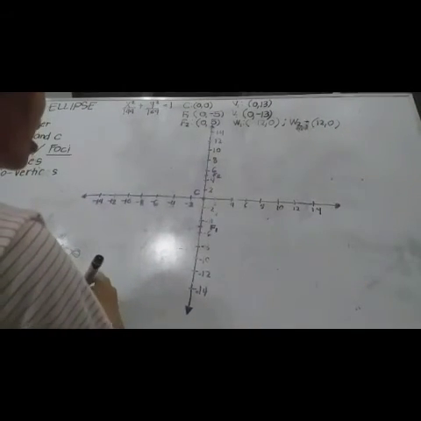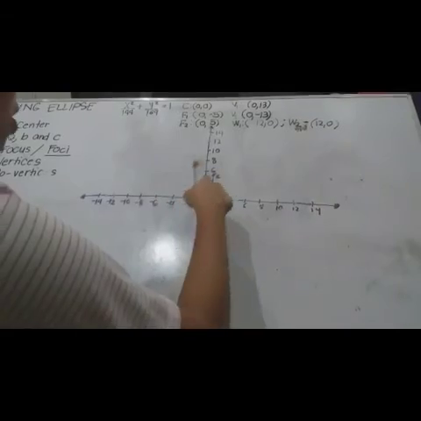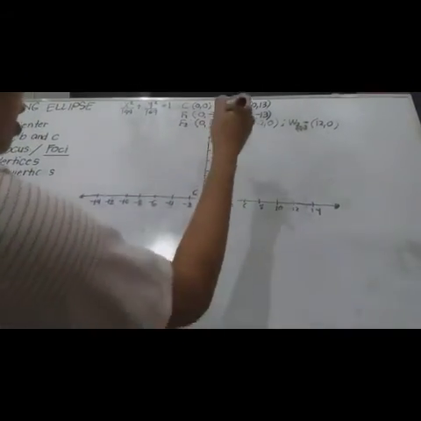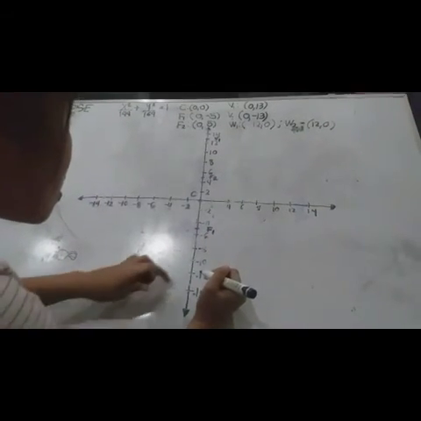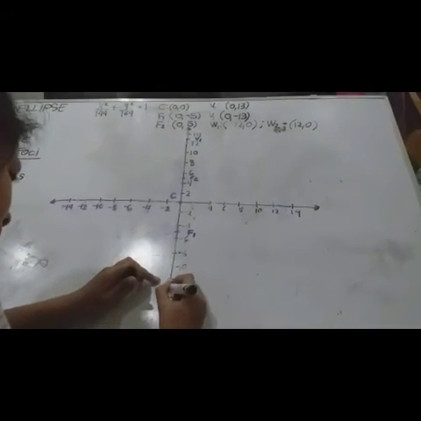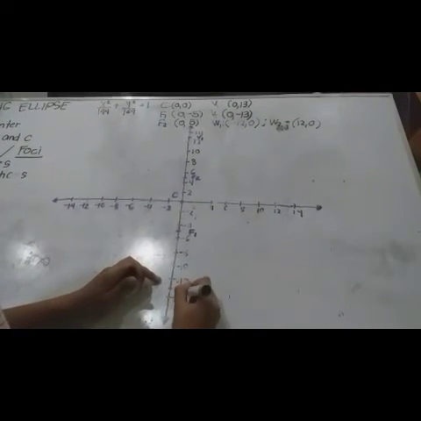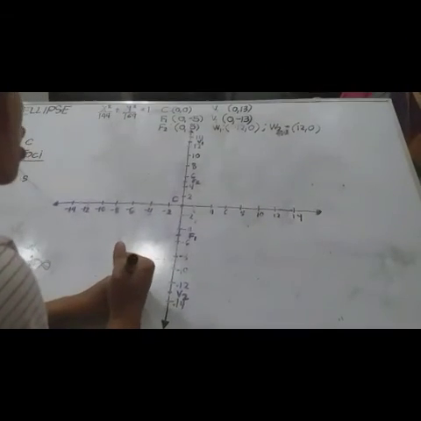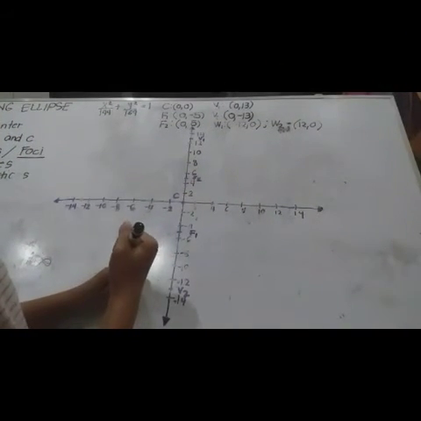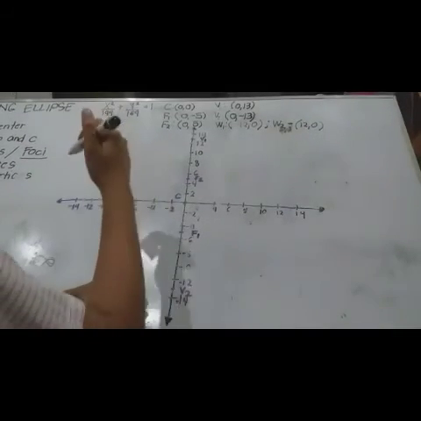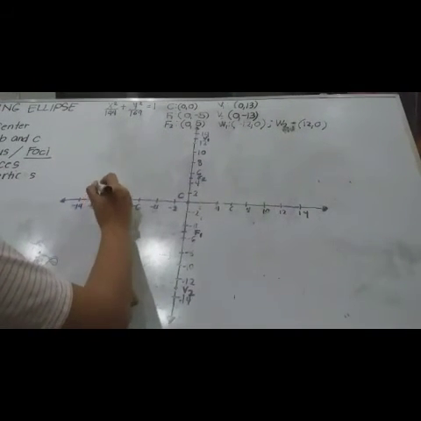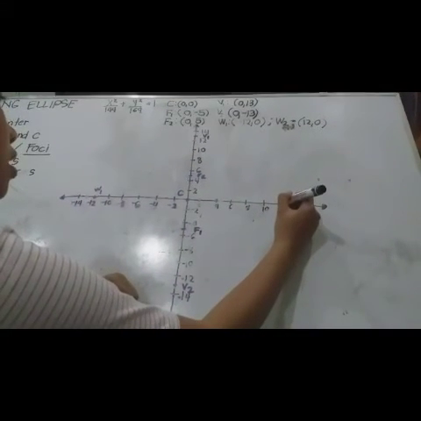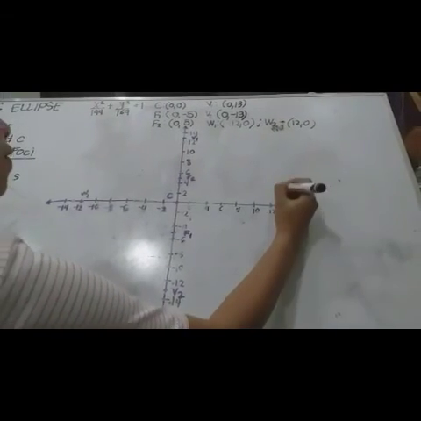The first vertex is 0, 13. Vertex 1. And the second vertex is 0, negative 13. Second vertex. The first co-vertex is negative 12, 0, and our second co-vertex is 12, 0.